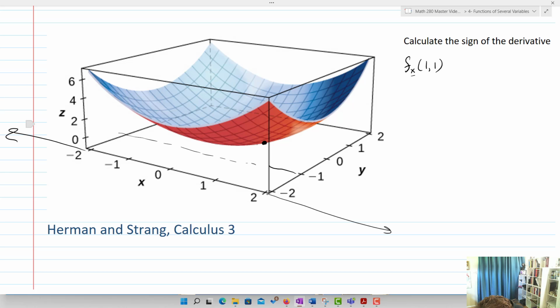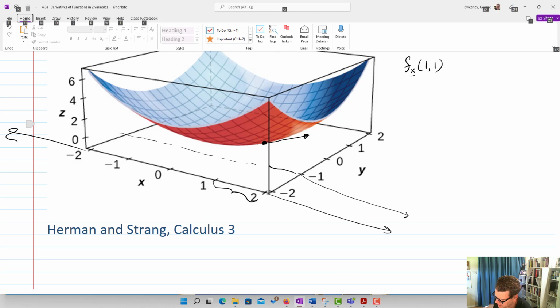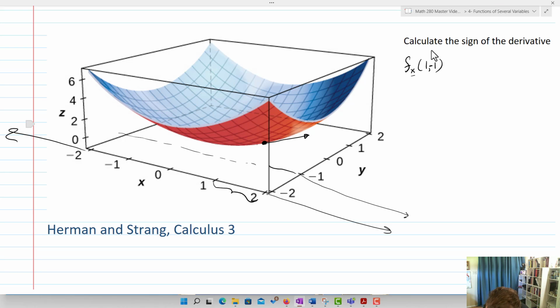And so if I look here, what's going to happen as x goes from 1 to 2, as I move in this direction, we'll be moving upwards. So the z's are going to be getting bigger as we move along that line of y equals 1, or excuse me, that's negative 1. Y equals negative 1. So let's just make this negative 1, sorry. Y equals negative 1, and so the sign here is going to end up being positive.